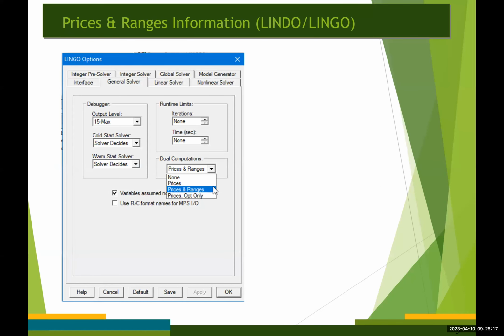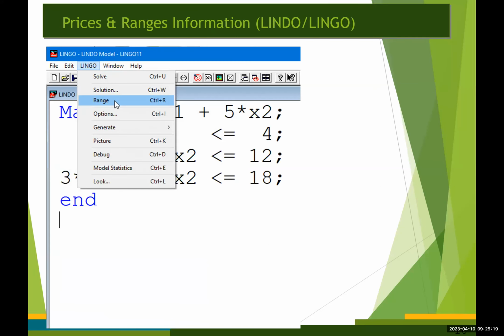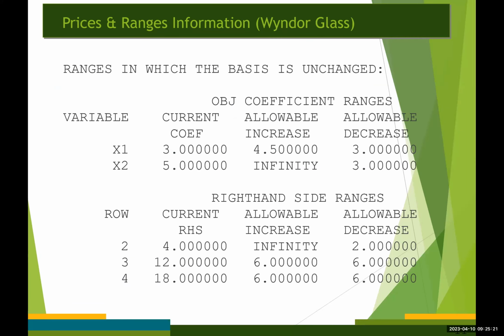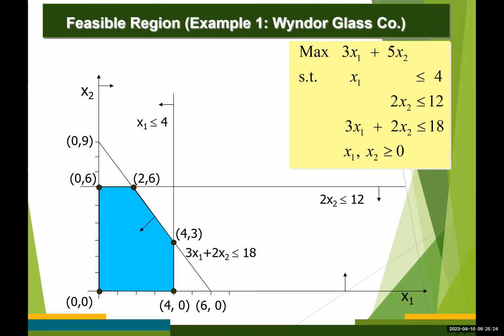Okay, so that's what I've told you. Earlier we learned how to find the optimal solution using the graphical method, right? So let's revisit the graphical method for the window glass example.